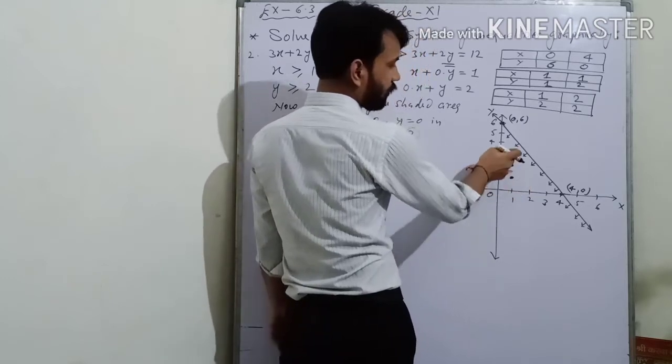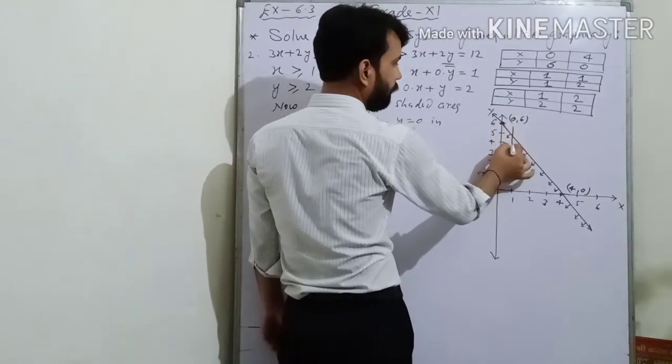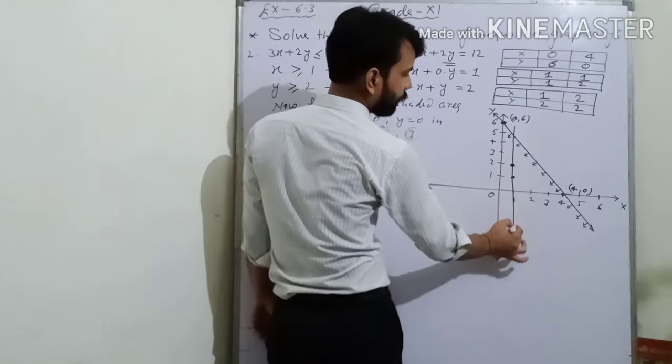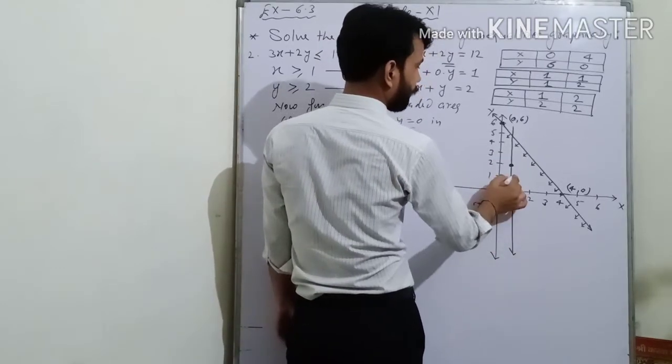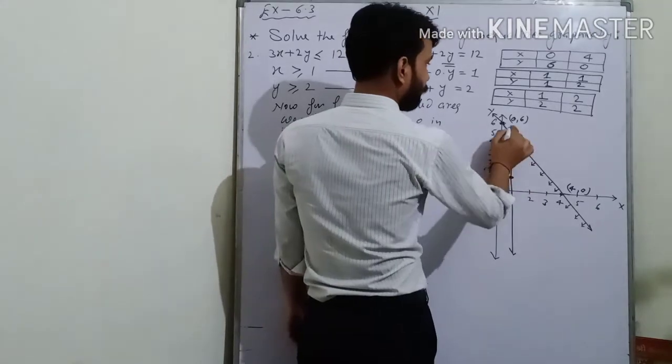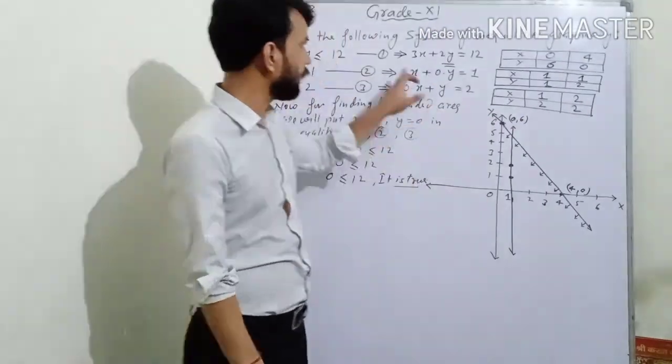Now we will join these 2 points with a regular line, like this. Clear? This is the line for the second inequality.